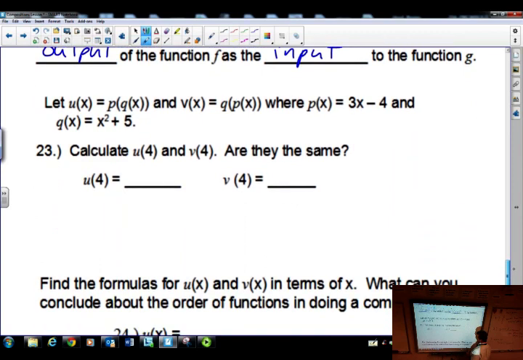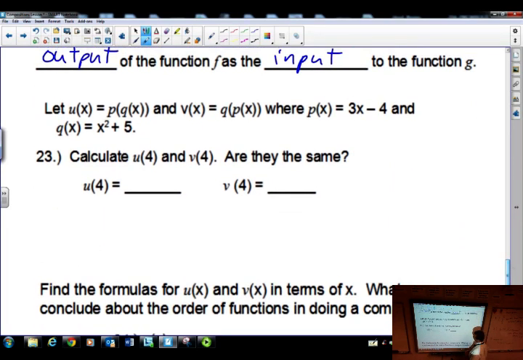And then this last one, calculate u of 4 and v of 4. Ooh, crazy. Well, let's see here. So u of 4 is going to be p of q of x. So we're going to have to do q of 4 first.